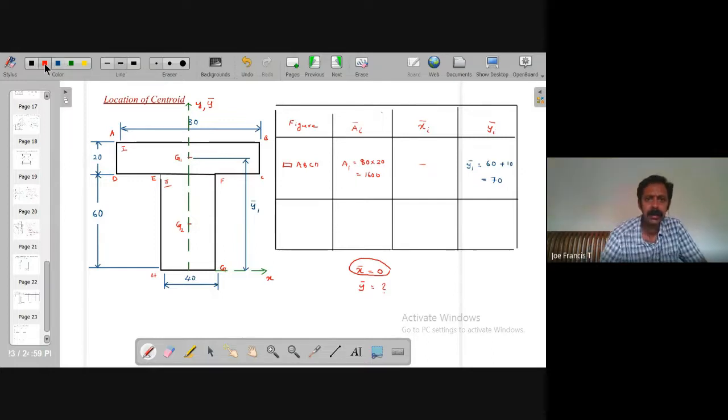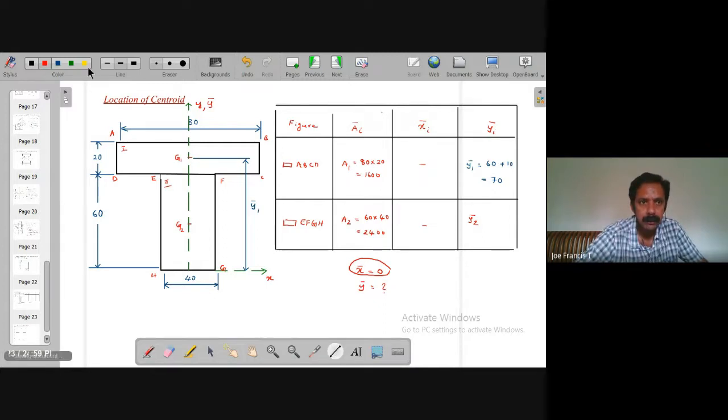The second figure is our rectangle EFGH. That's our second figure. Its area A2 is 60 into 40, which is 2400. We are not calculating x2 bar. y2 bar is very easy in this case, right? In this case, y2 bar is the distance from here to here.